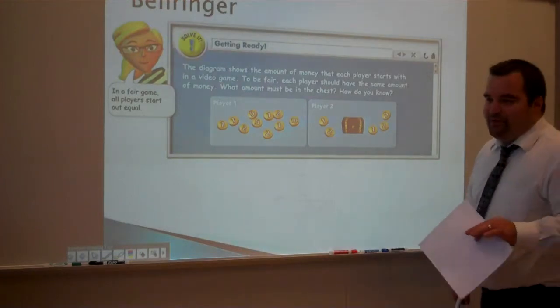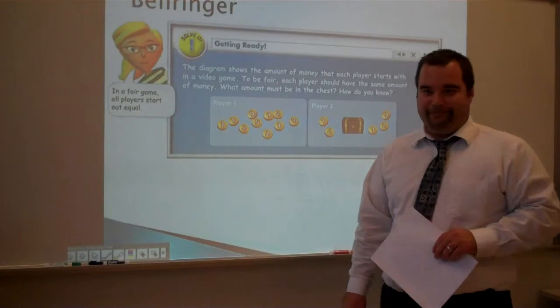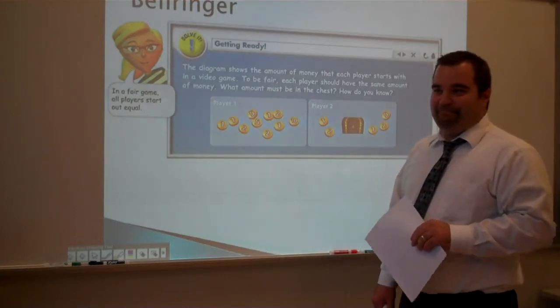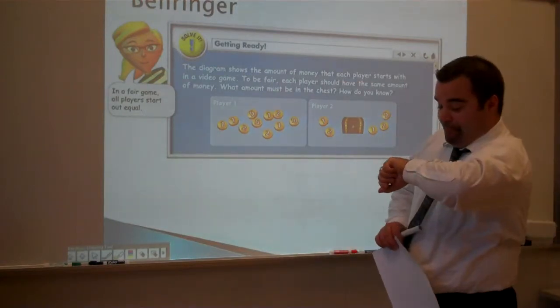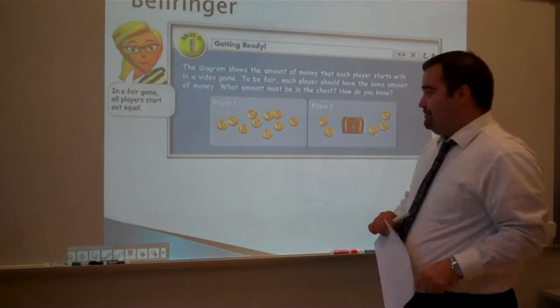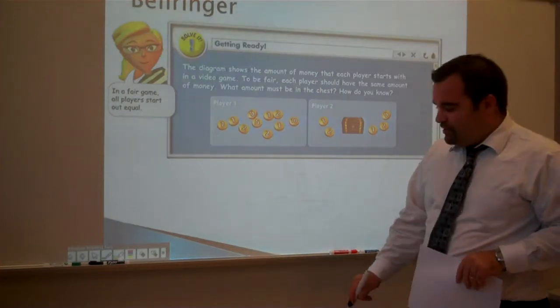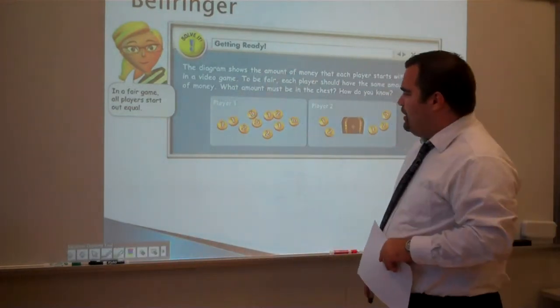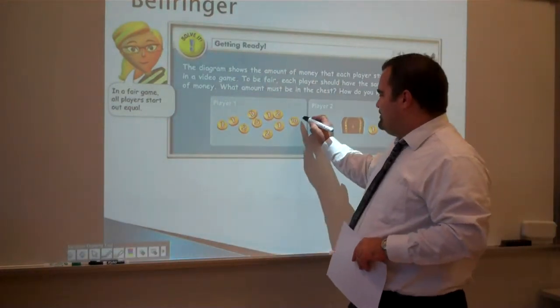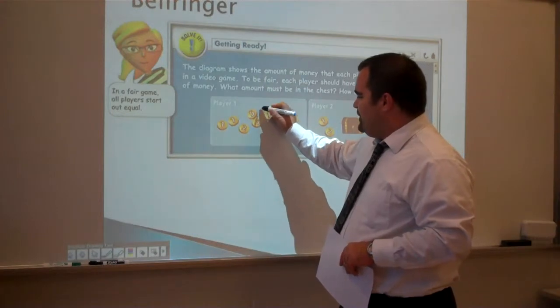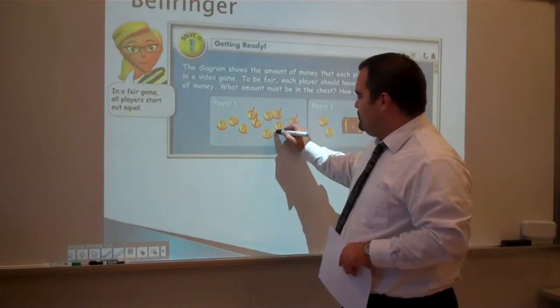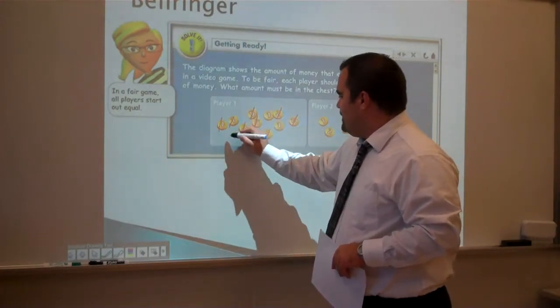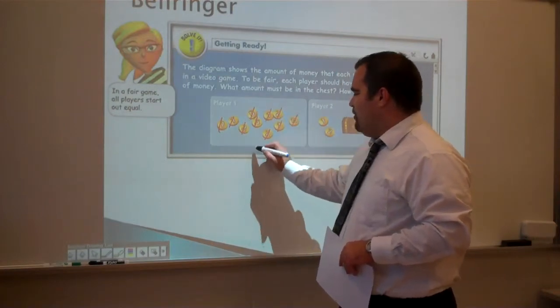Okay, that's time. Please pass your papers forward. While we're passing those forward, we'll go over the answer. On the left side, player number 1 has 10, 15, 20, 22, 24, 26, 27, 28, 29, 30 gold coins.